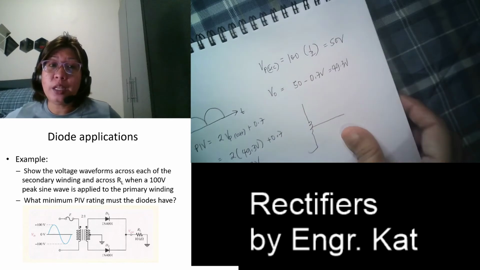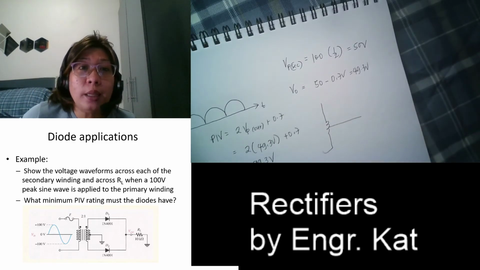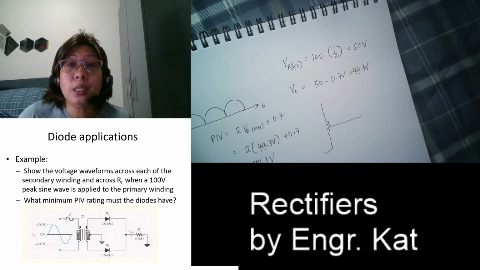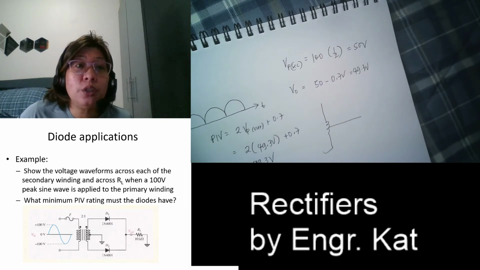So from 100 peak, so this is 200 volts peak to peak, but we are going to consider only the peak voltage. So 100 peak. So the secondary voltage is equivalent to 50 volts. Okay, just 50 volts.